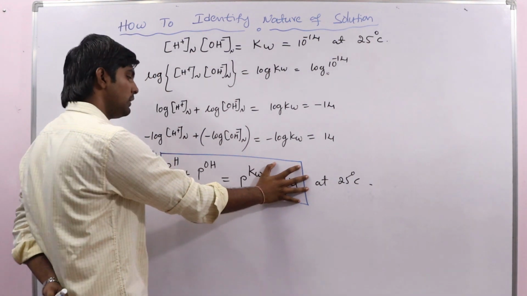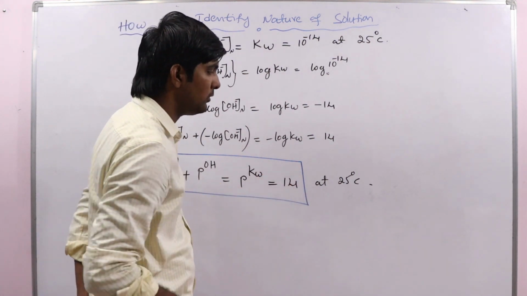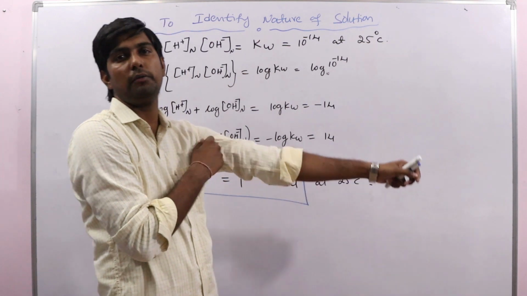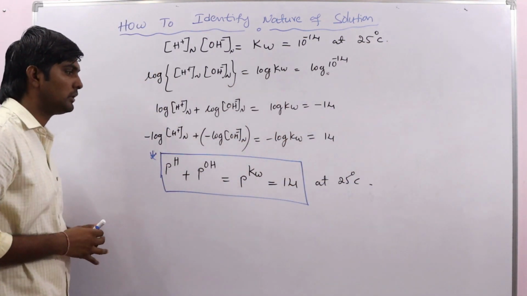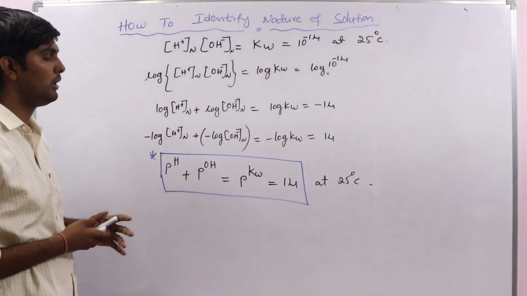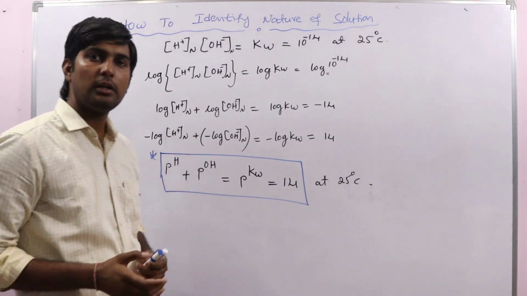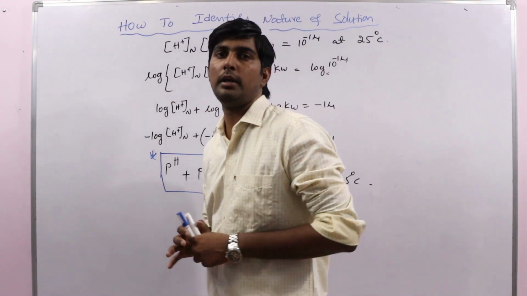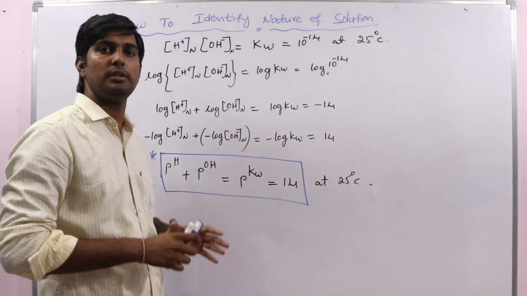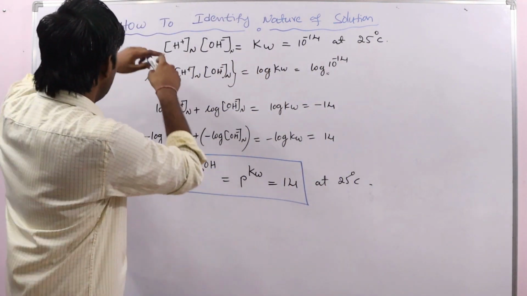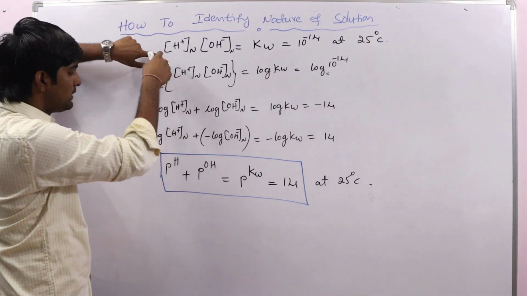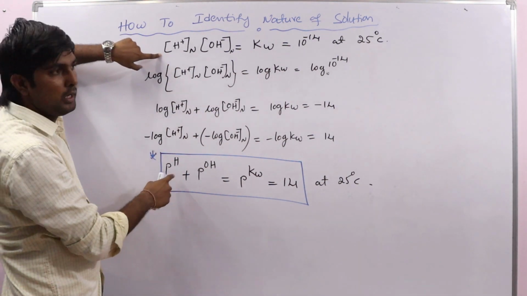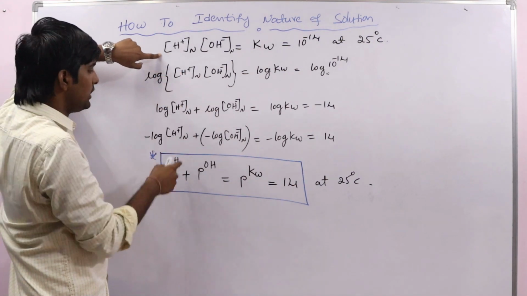In the examination they will provide the value if the temperature is other than 25 degrees centigrade. In that case we can find the pH or pOH. That is also different for the acidic solution, neutral solution and basic solution, which we now discuss with a table. Clear? This relation we already discussed, and this is another relation. The next table depends on these two.